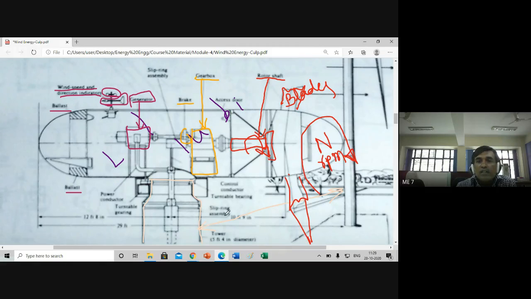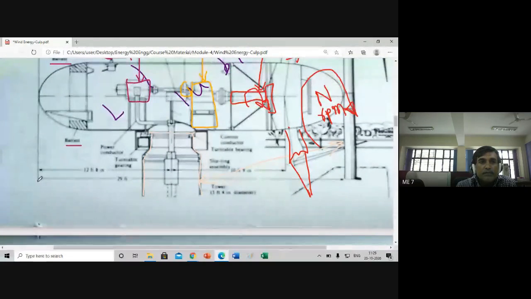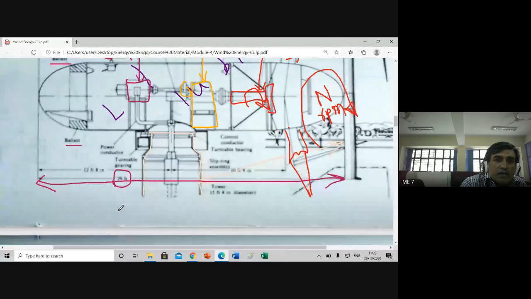Now look at the size of this windmill. 29 feet, approximately 30 feet, on a 30 by 40 site.